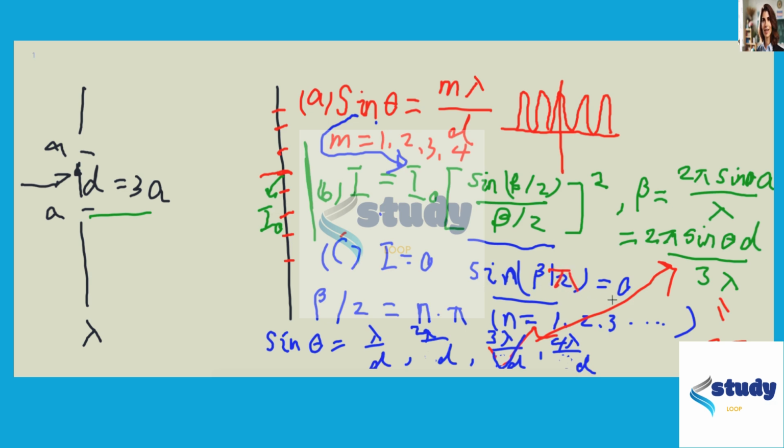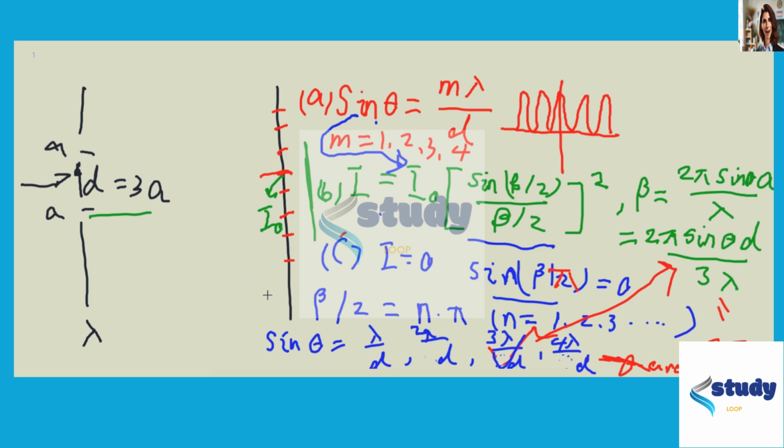And sine pi equals 0. And our intensity of light is 0 at theta equals arc sine, here. So this is what we find.